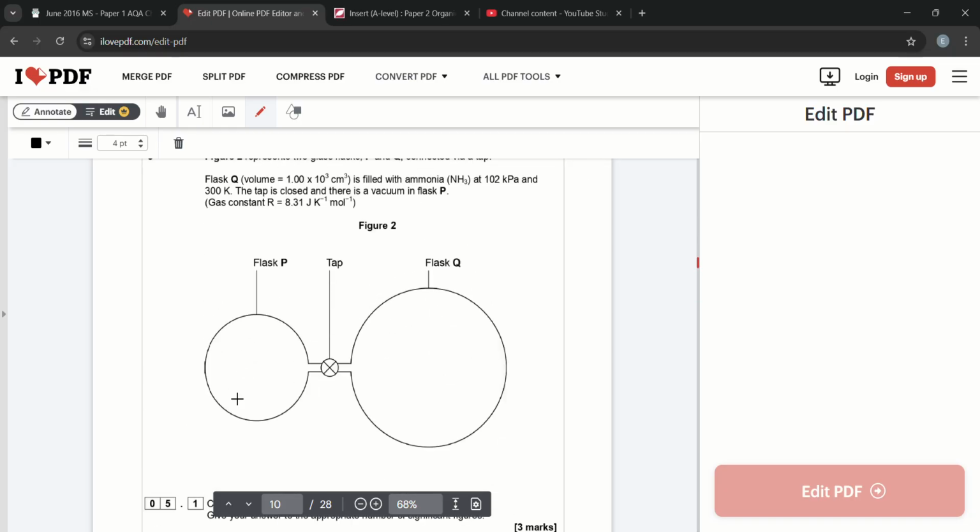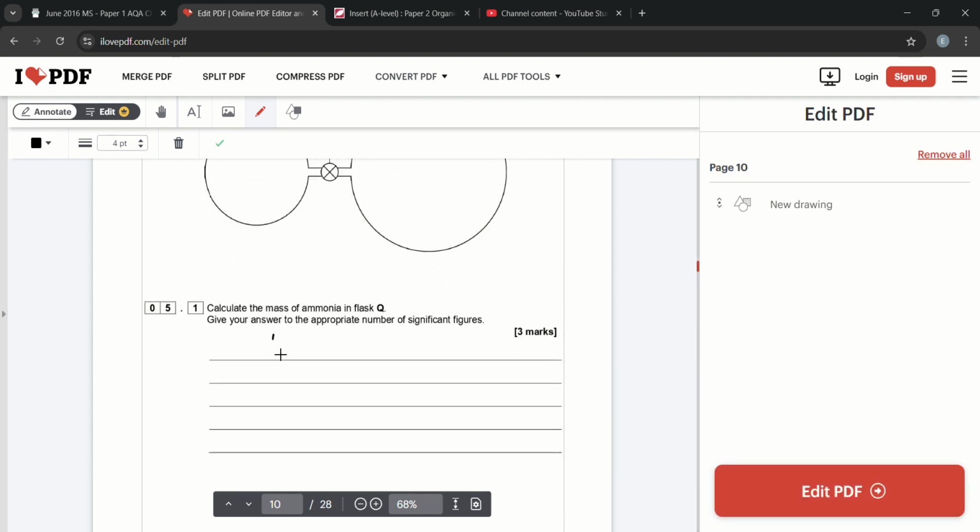Calculate the mass of ammonia in flask Q. So we're going to use the ideal gas equation, PV equals nRT, and we want the mass. So how do we get the mass? Well, before we get the mass, we need the moles.